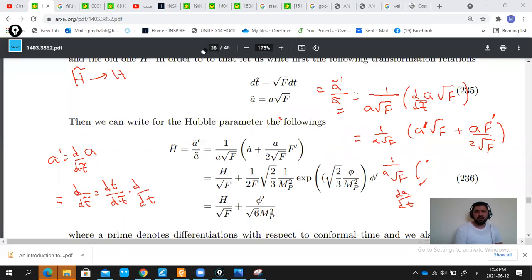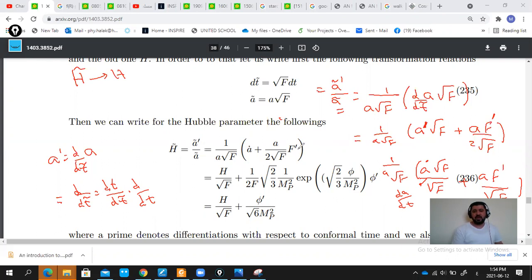So here now we have a dot, the square root of f, already you have the square root of f, over the square root of f, because we change from the derivative with respect to t tilde to t. And here we have f prime over the square root of f. Then we have this here, a dot, the square root of f, and then we have this one. Now, a dot over a, this is h of the square root of f.